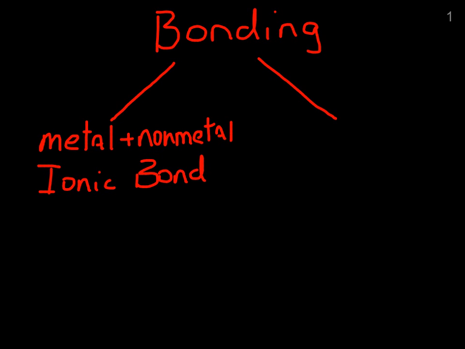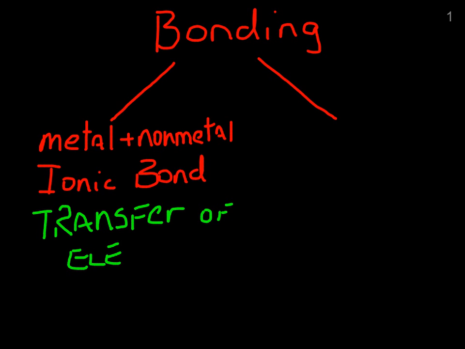And an ionic bond involves the transfer of electrons. Okay? Now, the other type of bond that we're going to be studying occurs between two or more nonmetals.